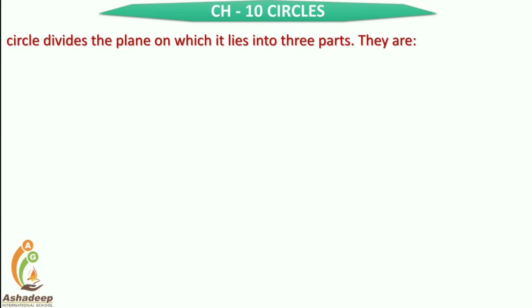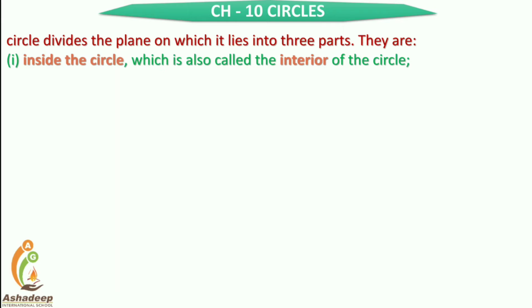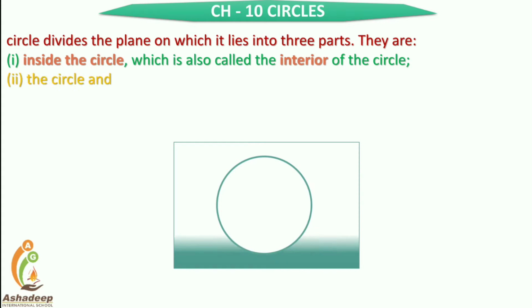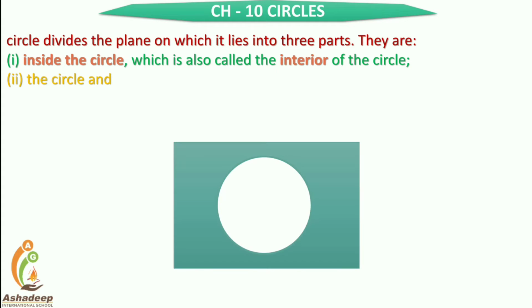Now, a circle divides the plane into three parts. Inside the circle is called the interior part of the circle. Then the circle itself. This is the external part of the circle.